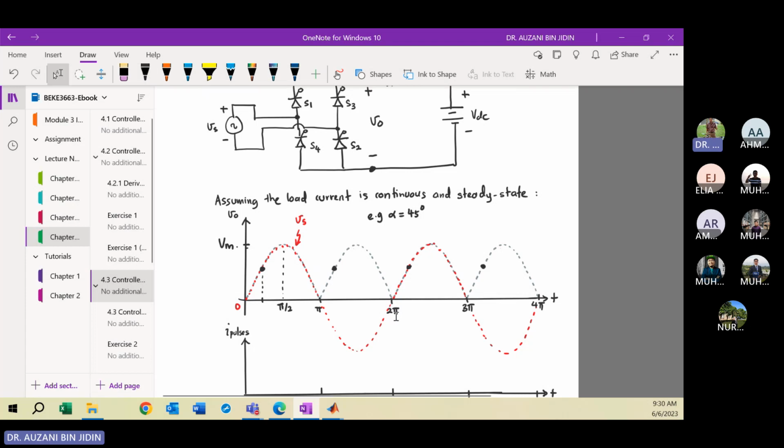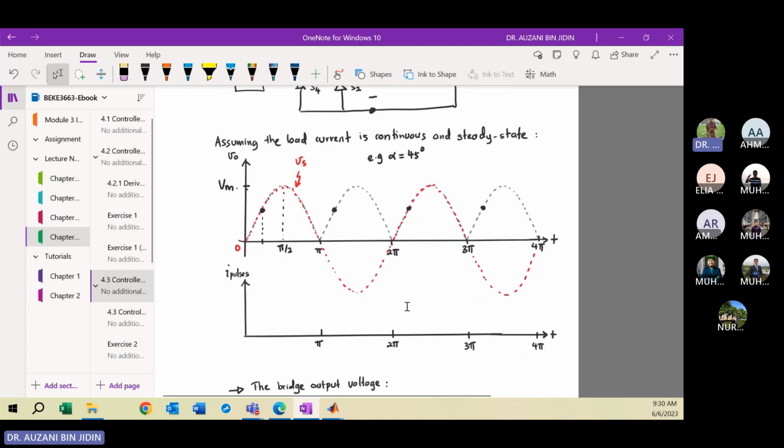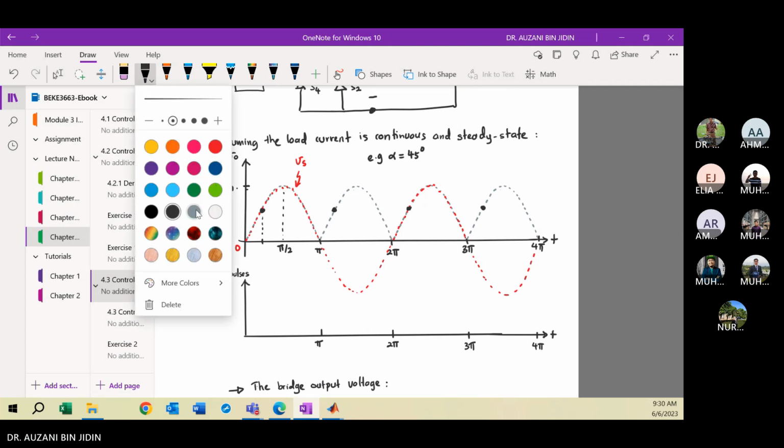Okay, let me sketch the projection line first for these 4 points, grey color.